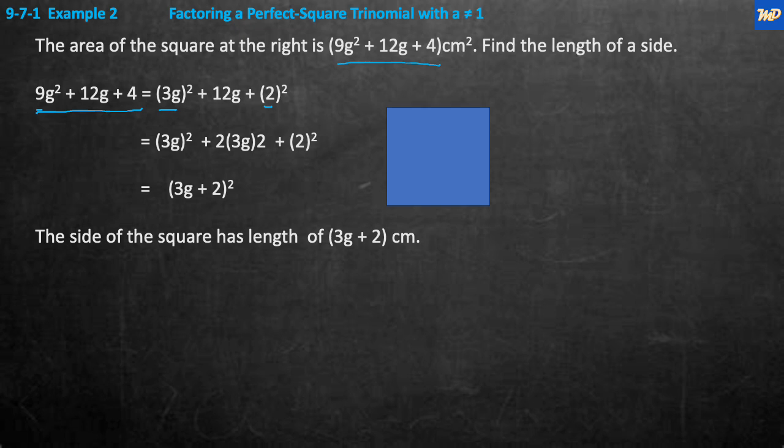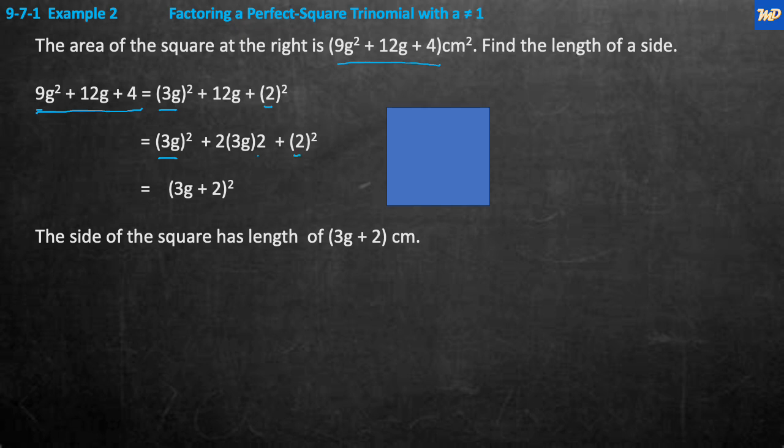So now we're going to look at that. We see that it's 3g squared, and now we're going to take the 2 out of the 12g, because it has to be even. Take out the 2, and what's left over? 6g. Well, we can factor a 2 out of the 6g, and we get a 3g and a 2. So the rule is we have to have a 2ab. The a is the 3g, and the 2 right here is the 2 right there.